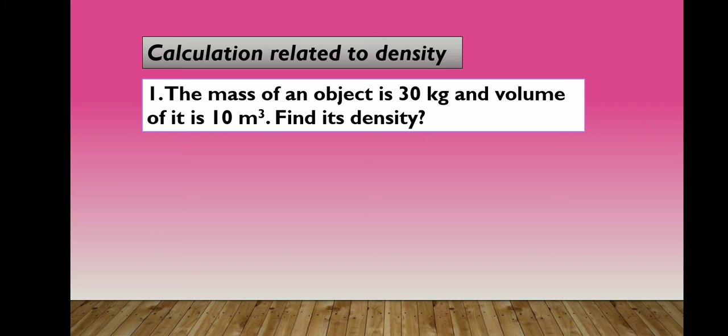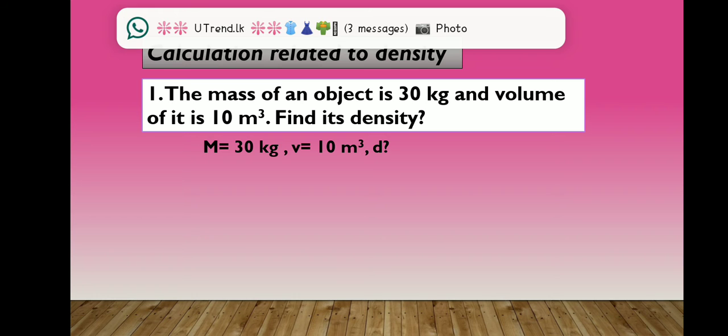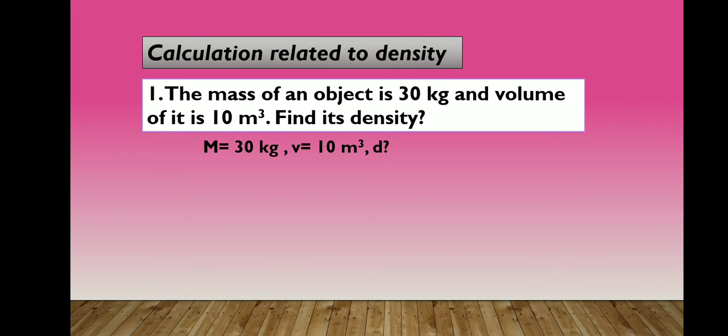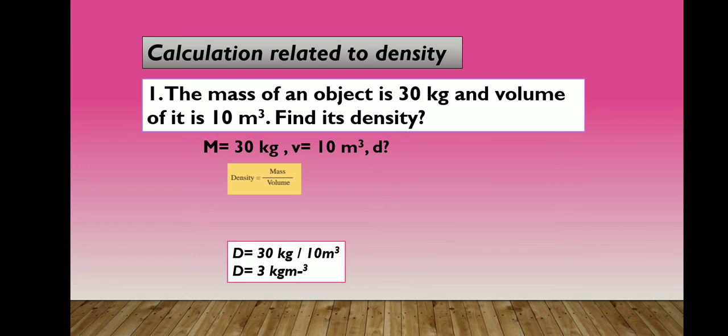First of all, write down the known things here. M equals 30 kilogram, V equals 10 cubic meter. Write down the formula first, then substitute like this. So 30 divided by 10, that's 3 kilogram per cubic meter. So that's the answer.